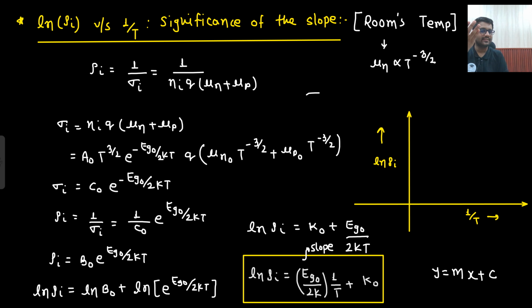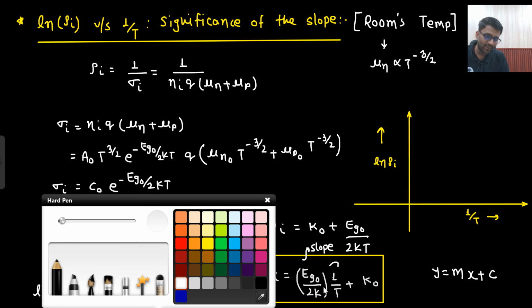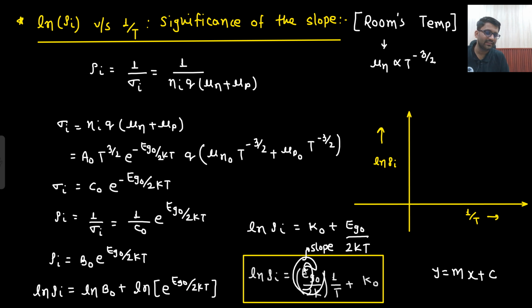If 1 by T increases, that means T decreases, so this whole value will increase. And in e to the power x, if x is increasing, then this whole value will increase. So if 1 by T is increasing, then rho i will increase, or you can say ln rho i will also increase. From this expression also you can see that if 1 by T increases, this whole term will increase, and if this whole term is increasing, then ln rho i will increase.